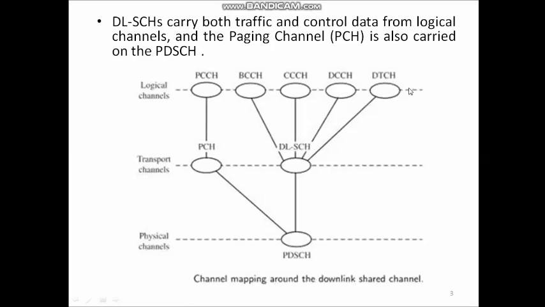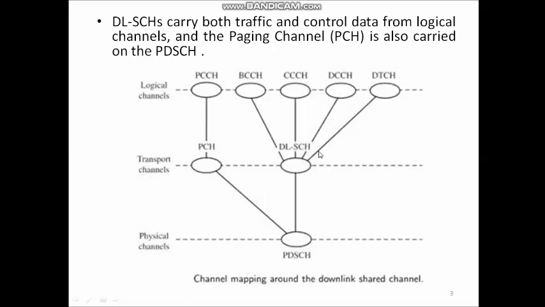As you can see here, PCCH, the paging control channel, is mapped to the transport channel PCH, and then the 3 control channels BCCH, CCCH, and DCCH are mapped to the downlink shared channel. Therefore, this DLSCH carries control data. Then DTCH, a traffic channel, is also mapped to DLSCH.